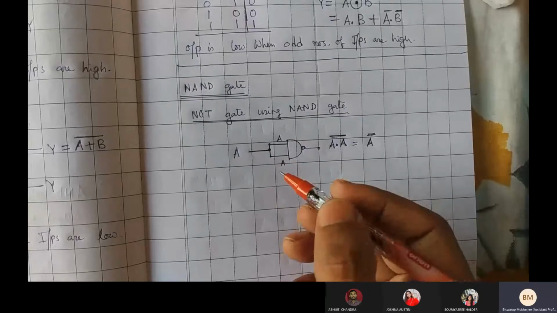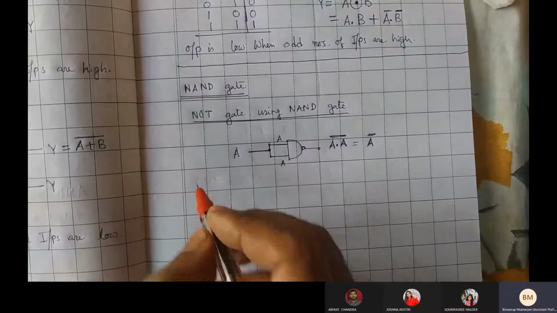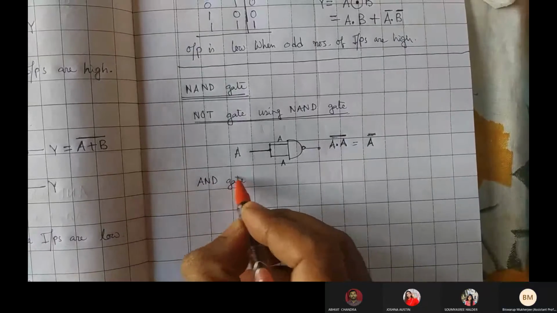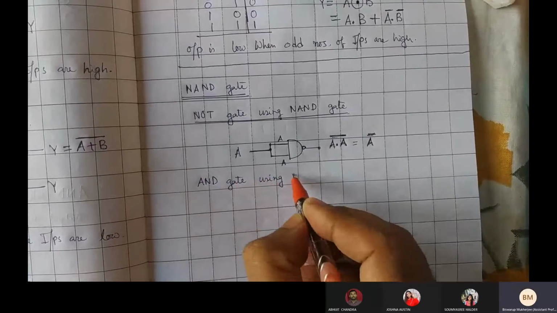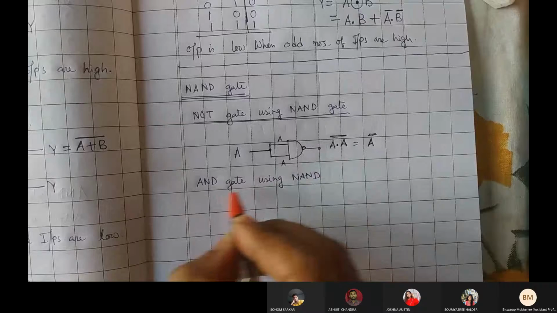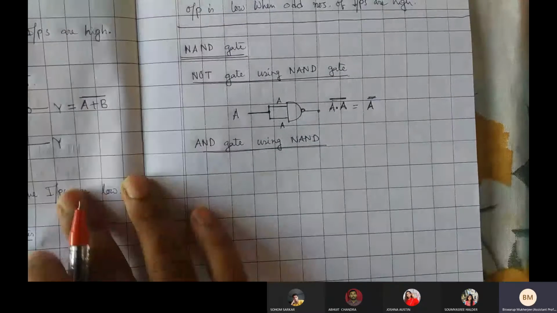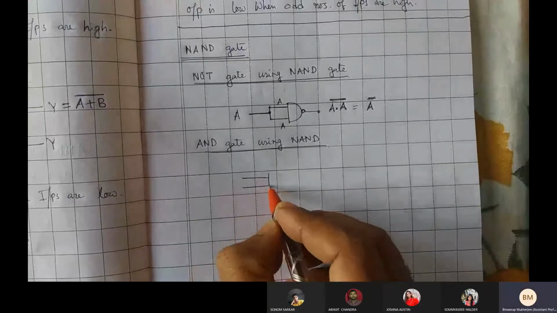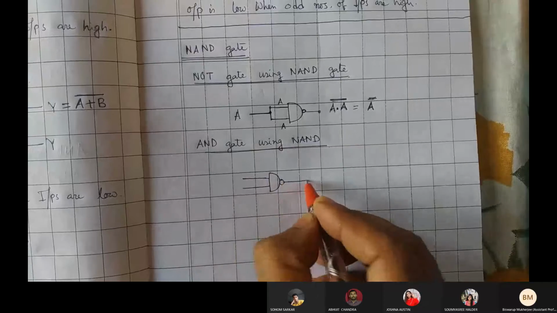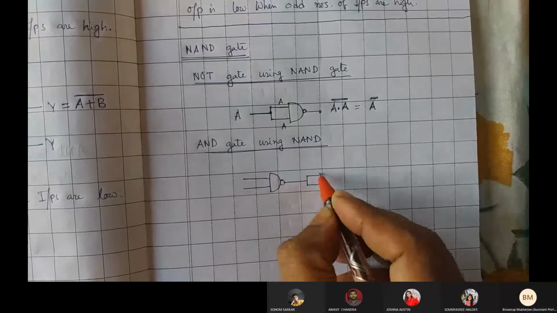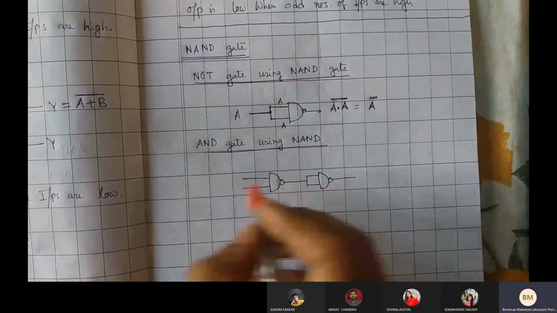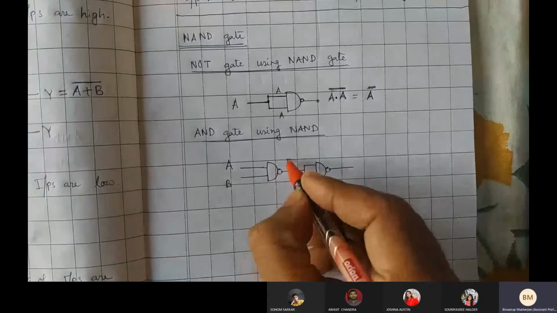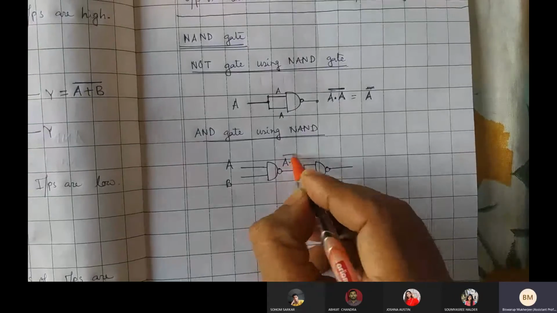Similarly, the other gates are also possible, like AND gate using NAND. For that, we start with a NAND followed by a NOT. We have A, B, two inputs. Here it generates A dot B complement.